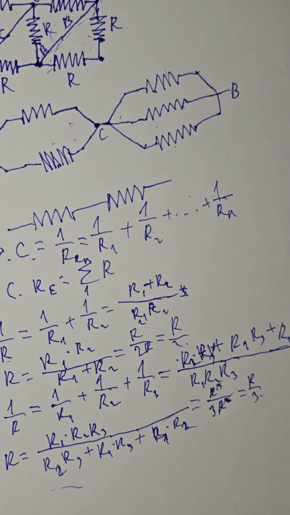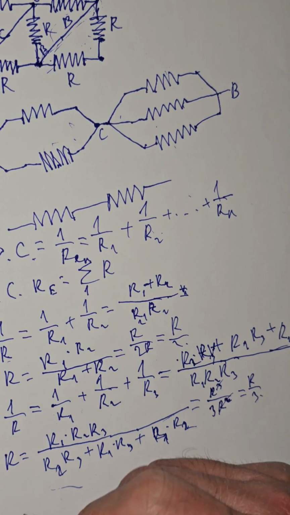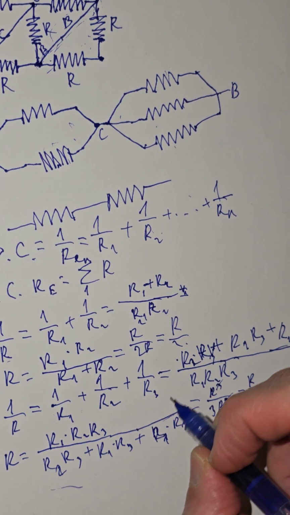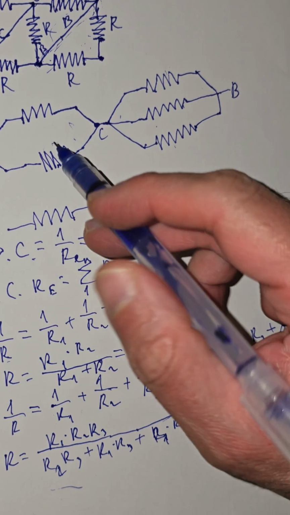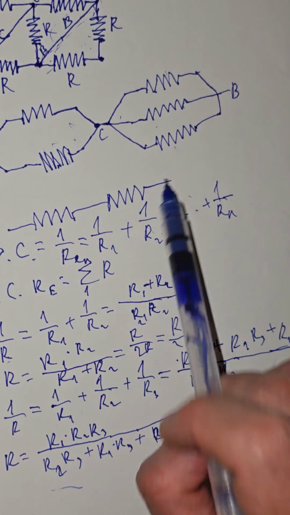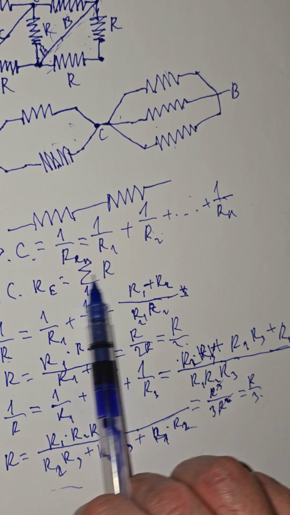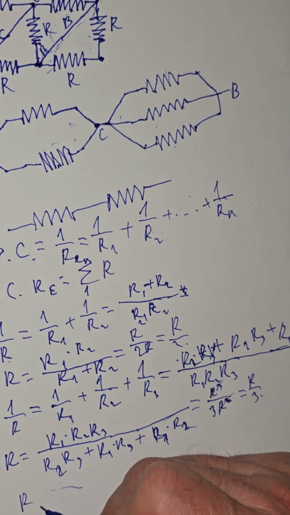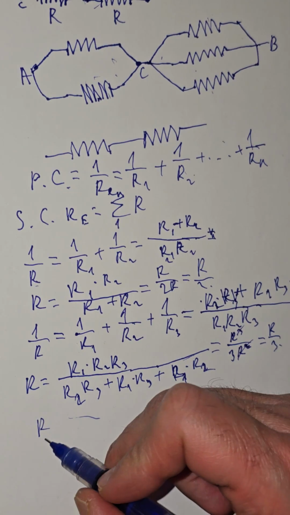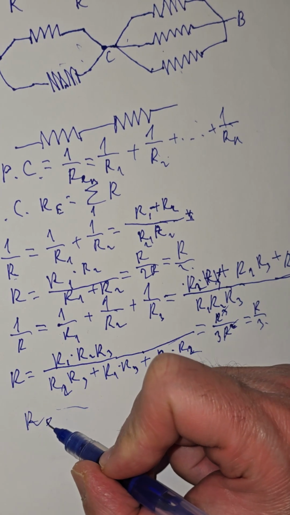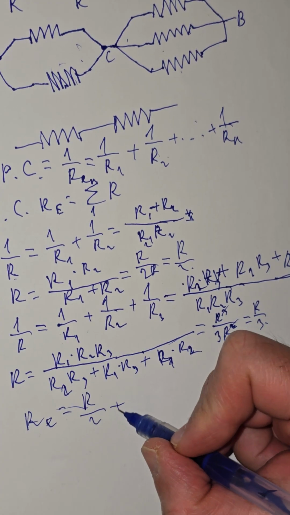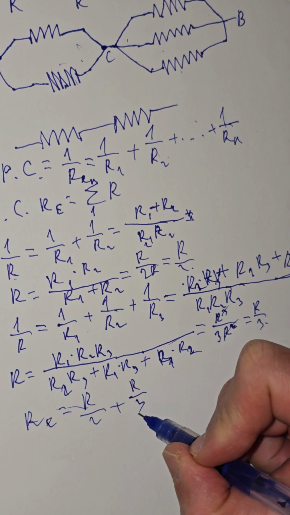And now we can calculate the equivalent resistance. This is a series connection, so we will apply the second rule, for here and for here. R equivalent is equal to R over 2 plus R over 3.